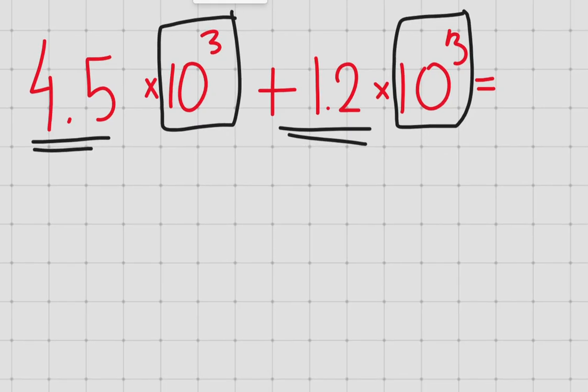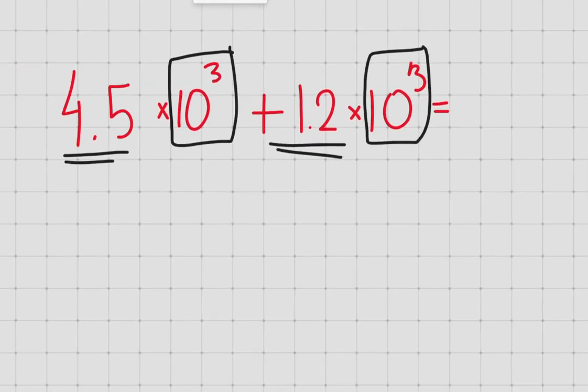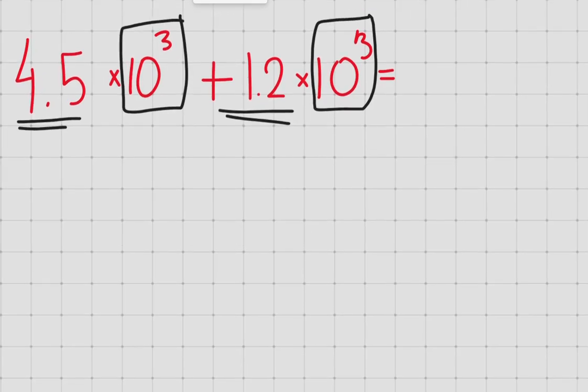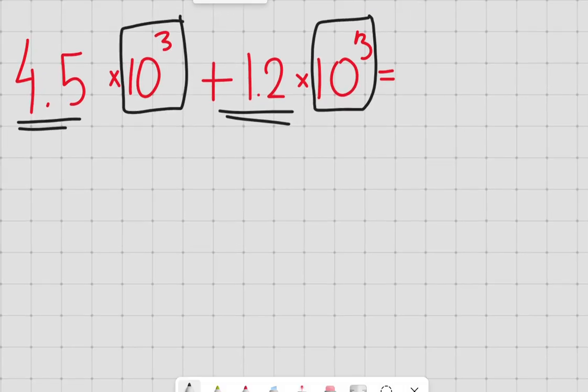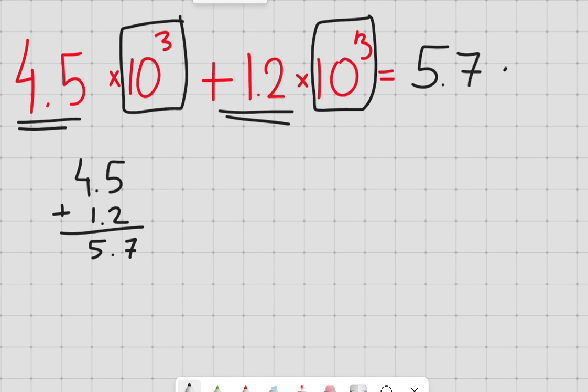So it will be basically 4.5 plus 1.2, we get 5.7. The answer will be 5.7.